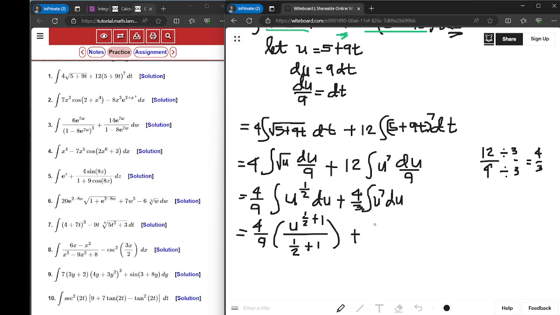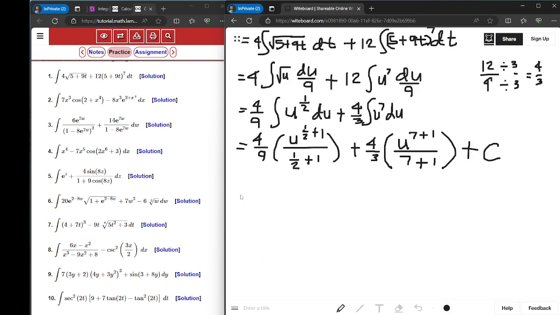Then plus 4 over 3 times u to the power of 7 plus 1 over 7 plus 1. And we should not forget to write c. A c again could be any constant value.